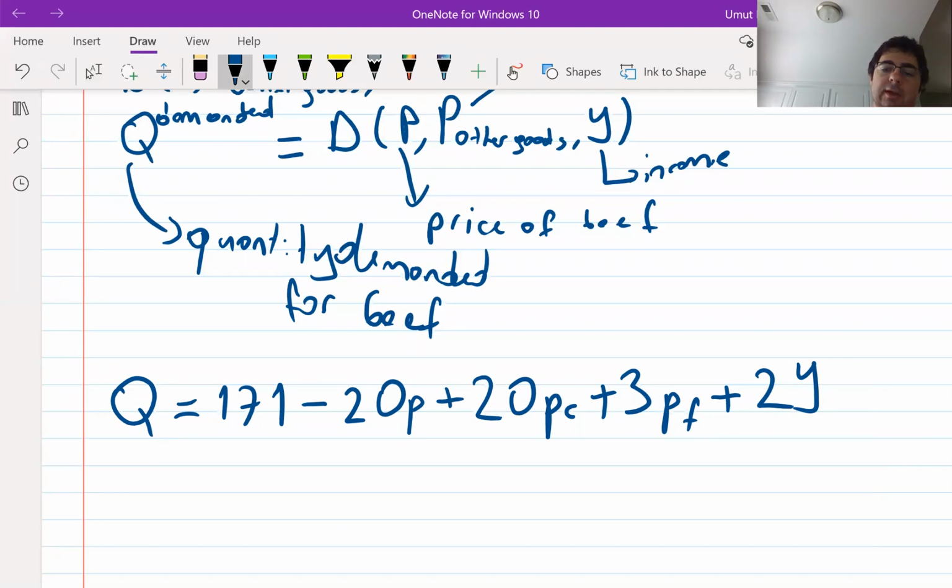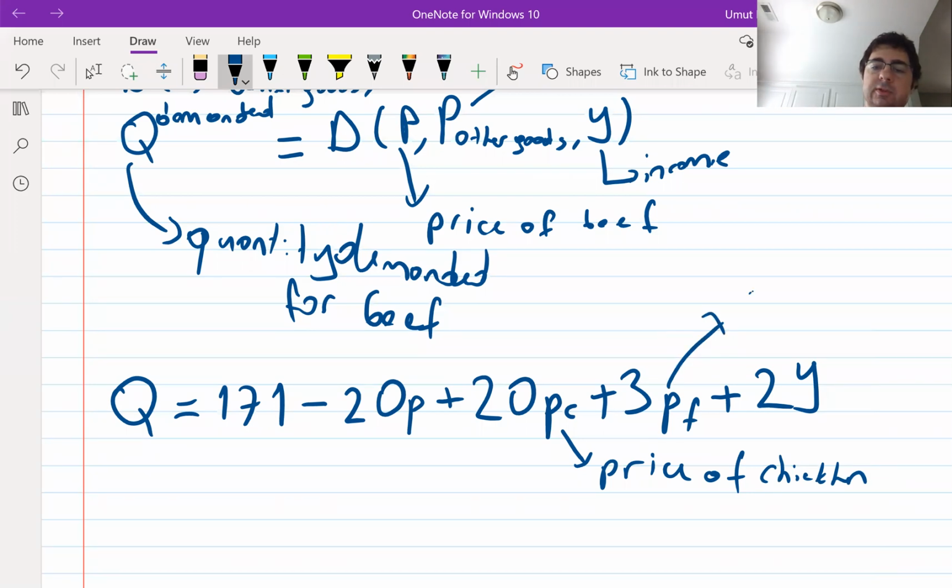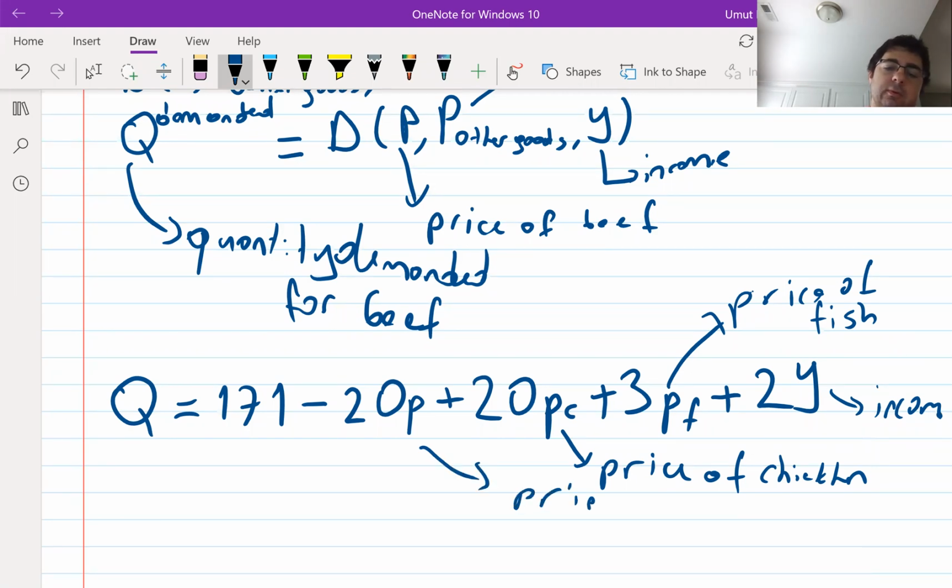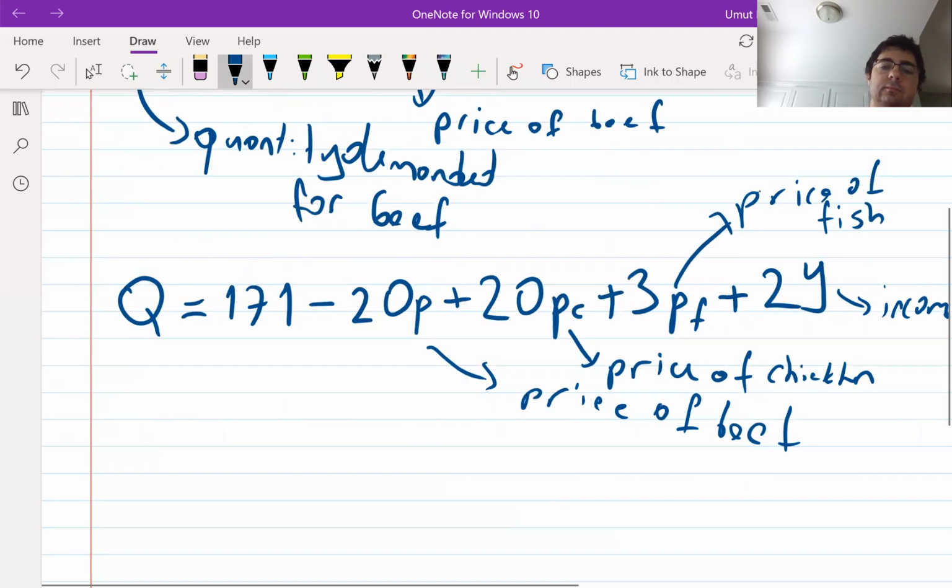Again, this is the price of chicken, this is price of fish, this is income, and this is price of beef.